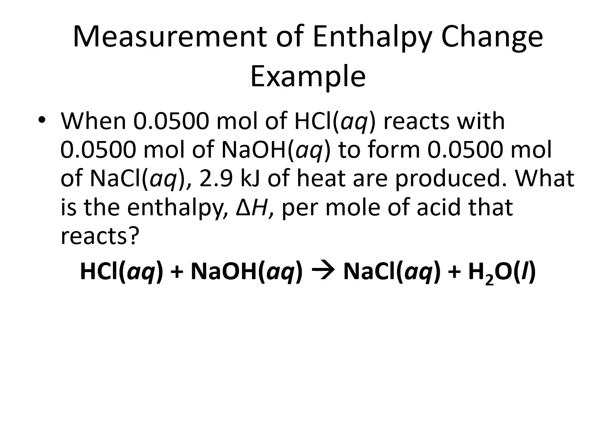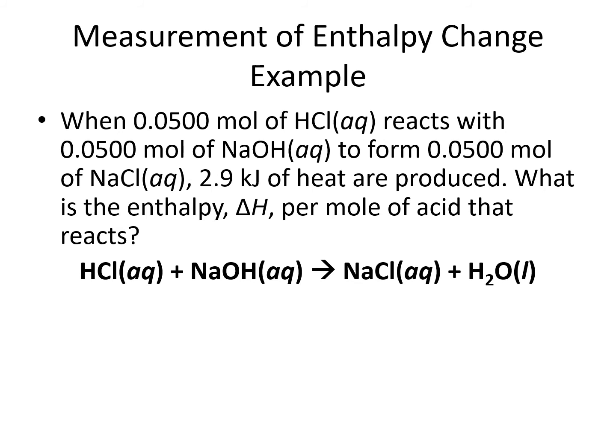So here's an example of a calculation we can do to find enthalpy change. We have an equation given to us in the problem of hydrochloric acid reacting with sodium hydroxide to make sodium chloride and water. And we're told that when 0.05 moles of HCl reacts with 0.05 moles of sodium hydroxide to form 0.05 moles of sodium chloride, then 2.9 kilojoules of heat are produced.